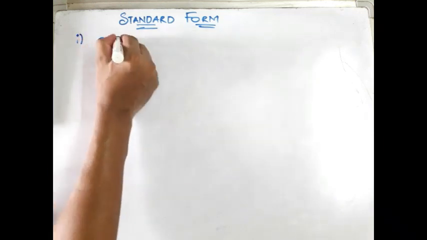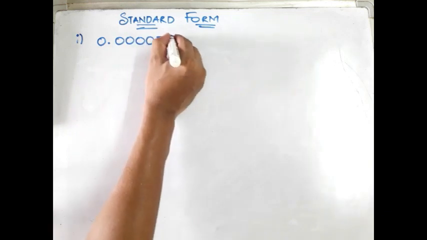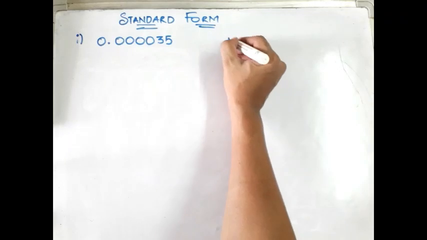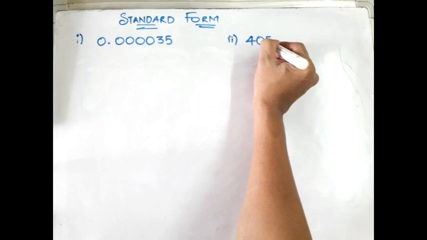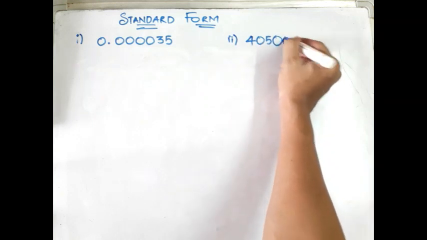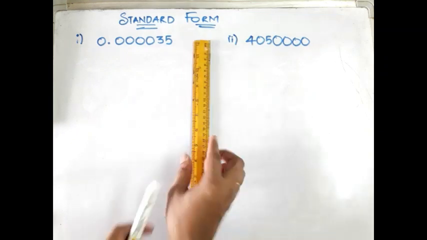The first one is 0.000035, and the second one is 4050000. These two examples will help us to understand the concept clearly, so please observe them.